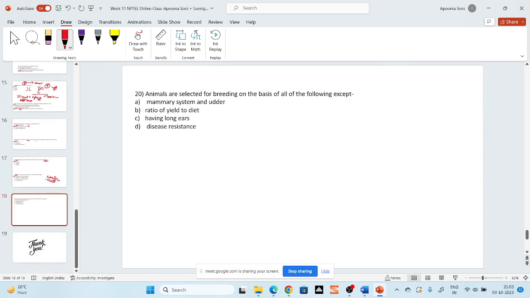Then the last question: animals are selected for breeding on the basis of all of the following except: mammary system, ratio of yield to diet, having long ears, disease resistant. Which of the criteria is not important in selection during breeding? Option C, yes.